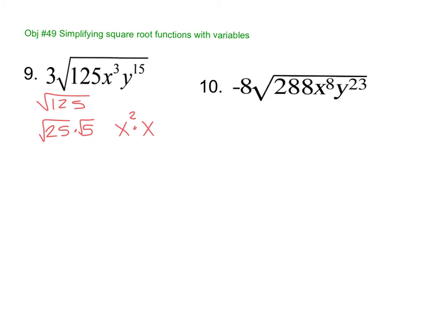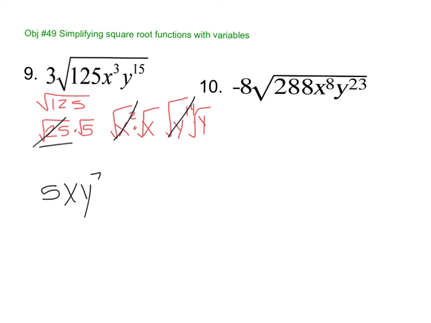And then y to the 15th is y to the 14th times y. So I'm going to take the square root. Square root of 25 is 5. So we're done with that. Square root of x squared is x. Square root of y to the 14th is y to the 7th. Everything else is stuck inside.